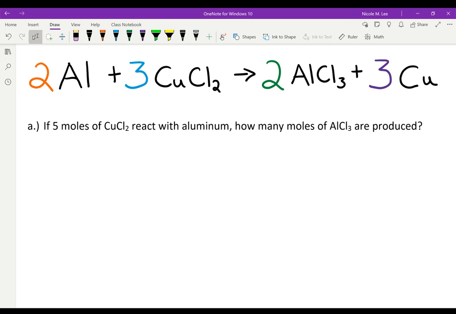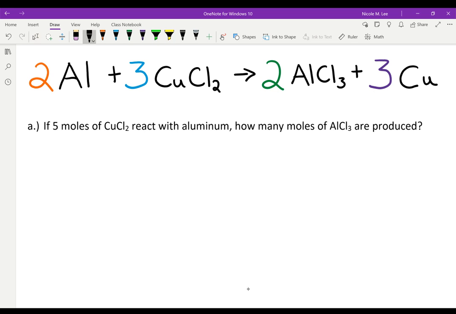All right, so the question is, if 5 moles of copper chloride react with aluminum, how many moles of aluminum chloride are produced? So same process. This one's a little bit more wordy, but the process is the same.